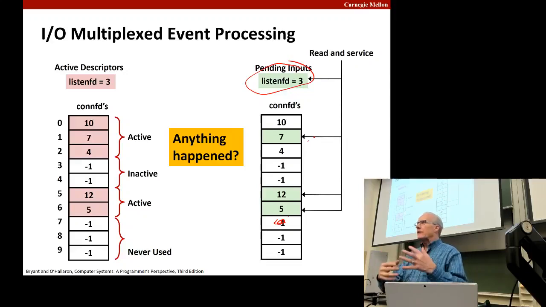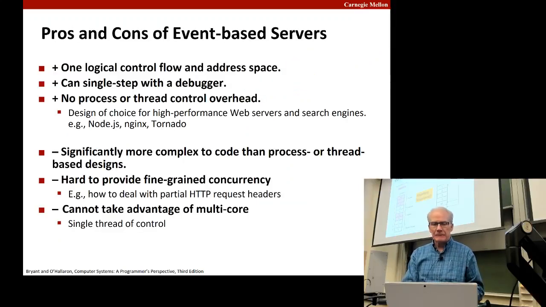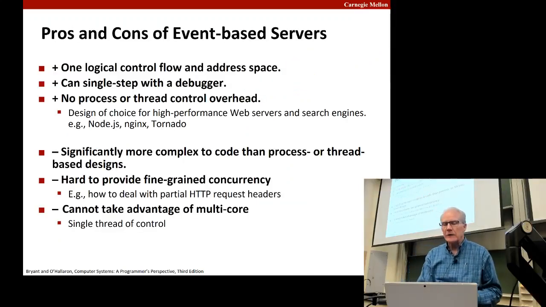It just does this trick that is integrated into the whole file management and socket management system, where at any given time I can query and ask which among this set of file descriptors has input available. So it's a nice, simple model and relatively easy to work with and debug. And so that's good.